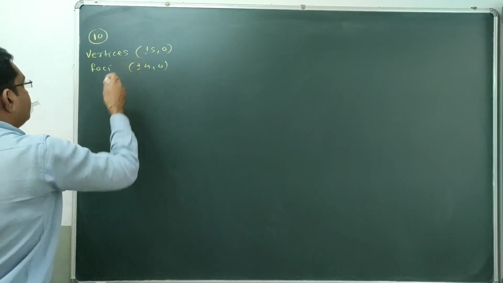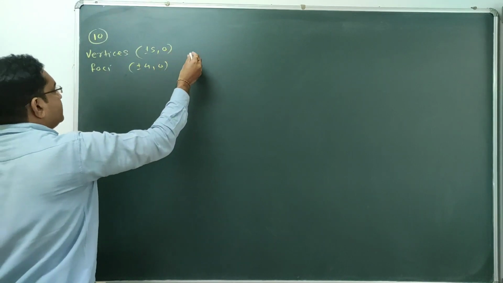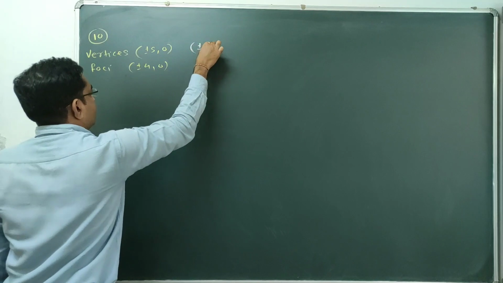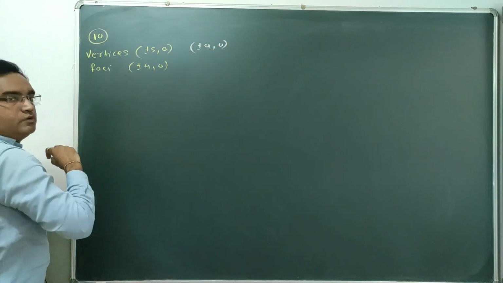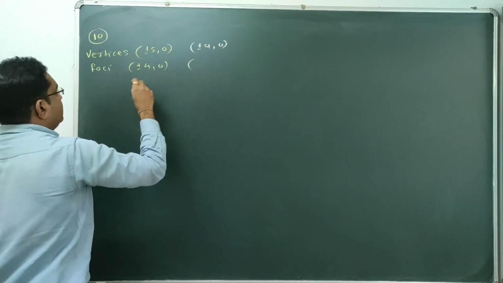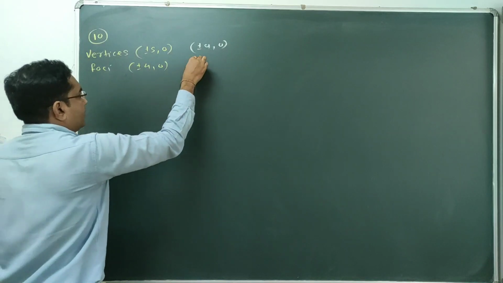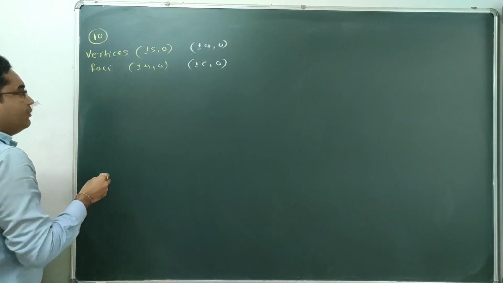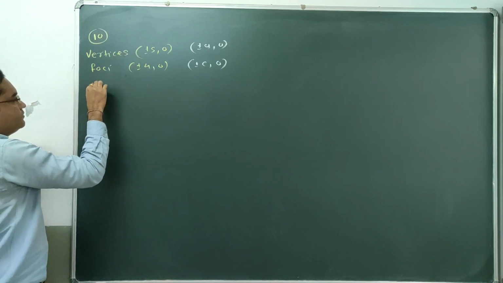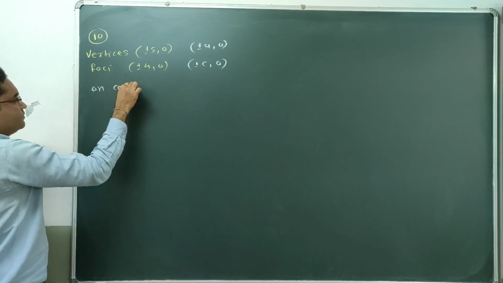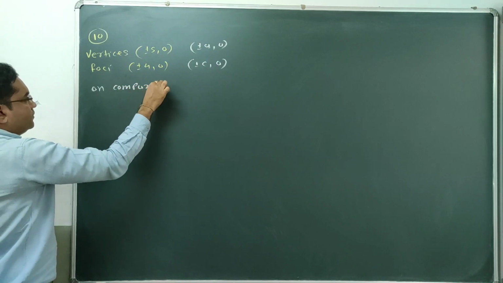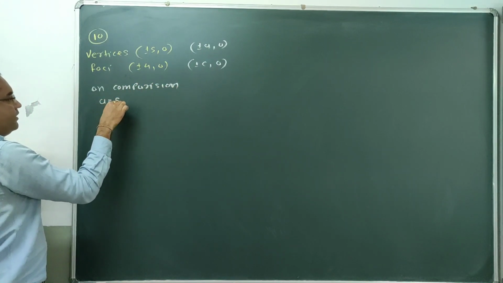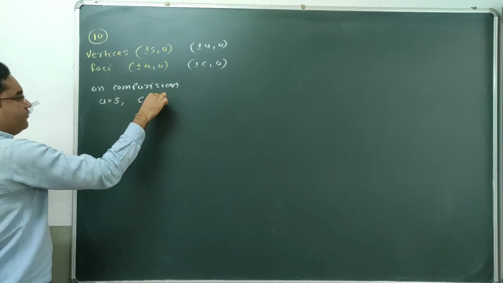So compare these vertices. Coordinates of vertices are plus or minus a, 0 in case of a horizontal ellipse, and coordinates of foci are plus or minus c, 0. On comparison, we can say that the value of a is 5 and the value of c is 4.